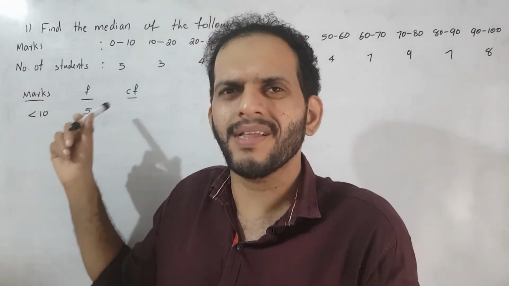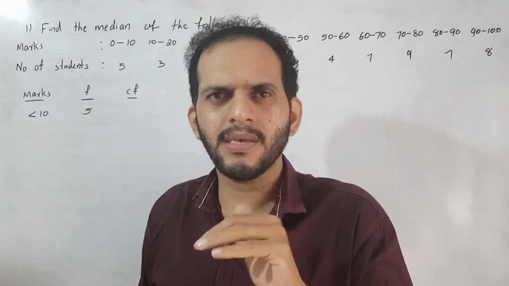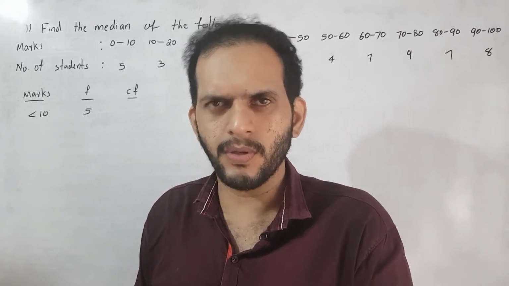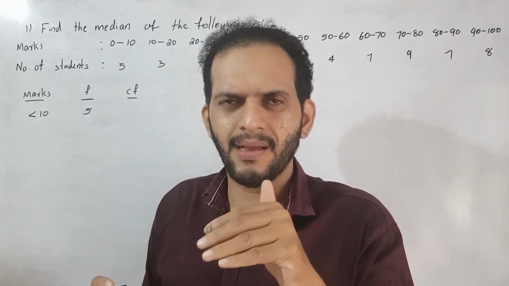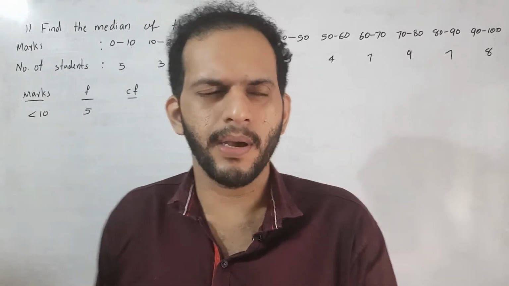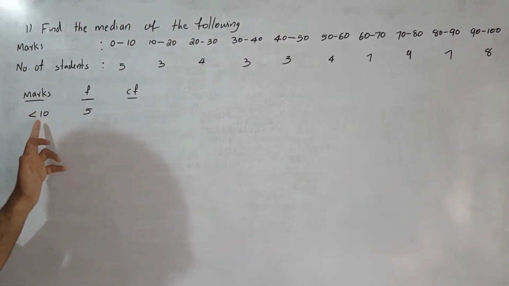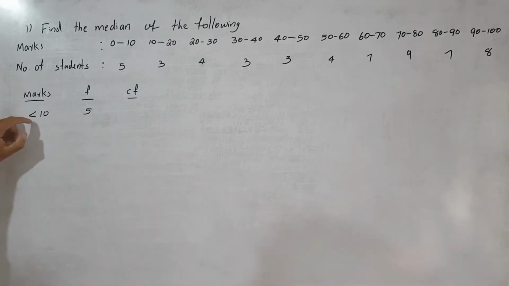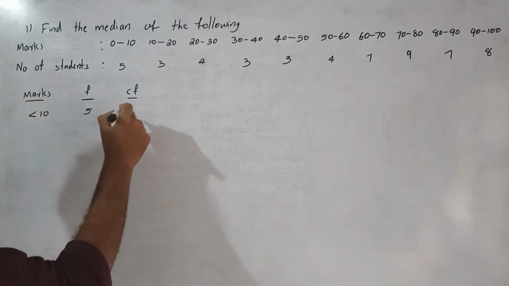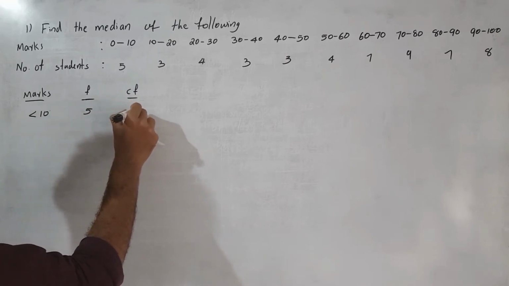So what is the Cf of the first class? The Cf of the first class is the same as the frequency of the first class. In the less than cumulative frequency table, the frequency of the first class is the same as the Cf of the first one.